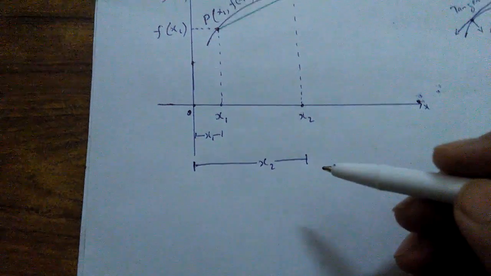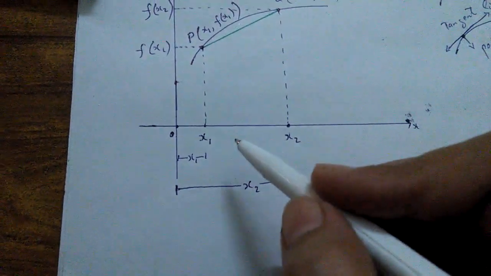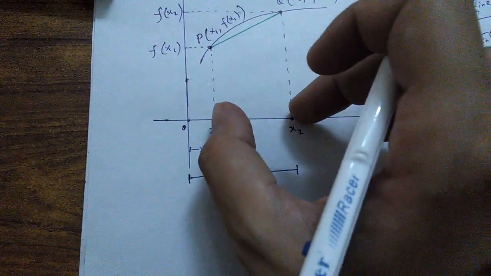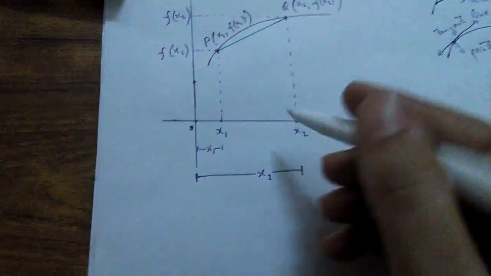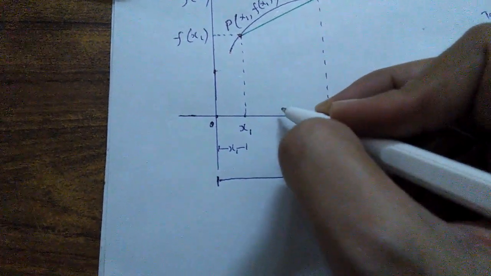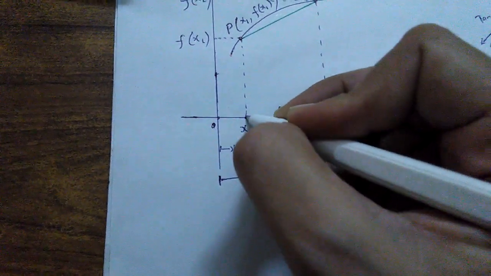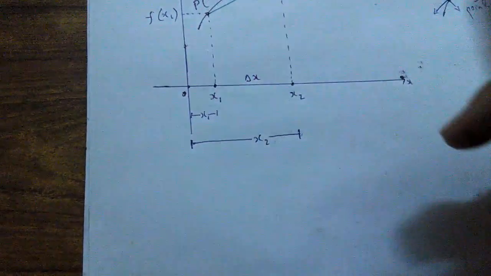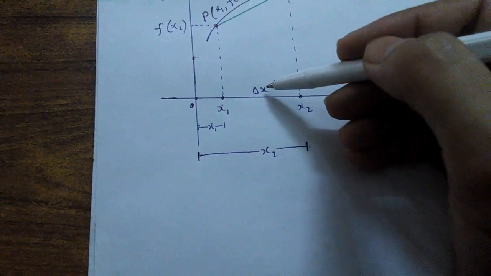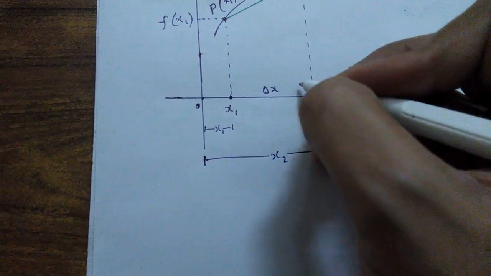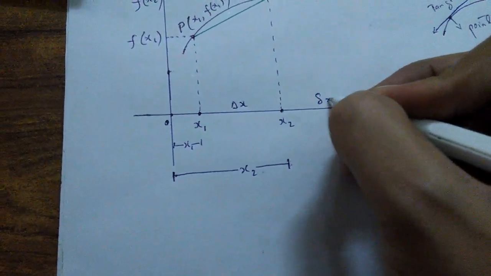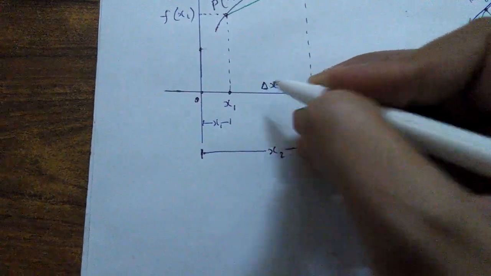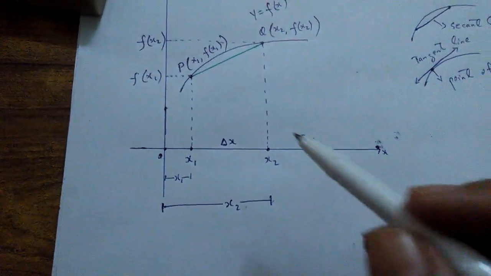This is obvious. So when I subtract this value from this value, I get the length from this point to this point, which is called del x. The distance from this point to this point is the difference x2 minus x1, represented by del x, and you can also represent it by another notation, this one. It is your choice which notation you select.